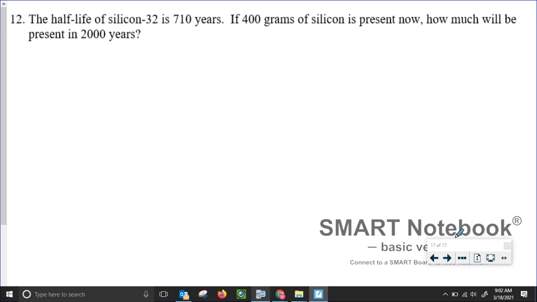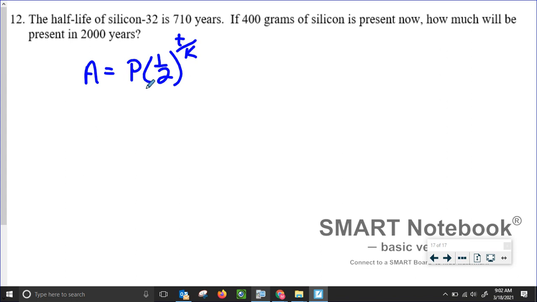And finally, half-life problem. The half-life of silicon-32 is 710 years. If 400 grams of silicon is present now, how much will be present in 2,000 years? So our half-life formula, A is equal to P times 1/2 to the t over k. Remember, this is our final amount.